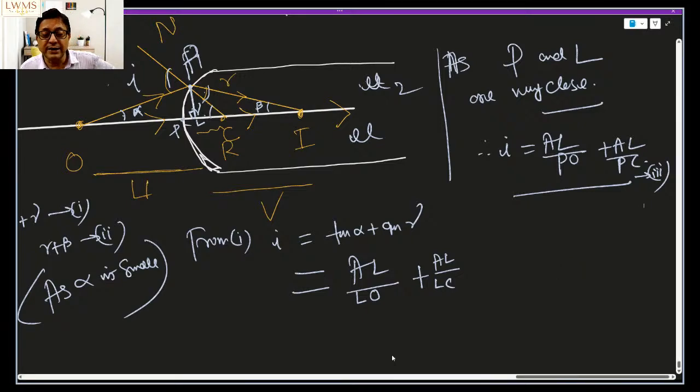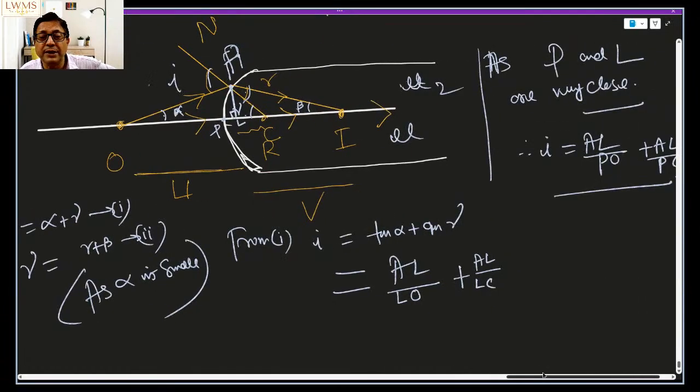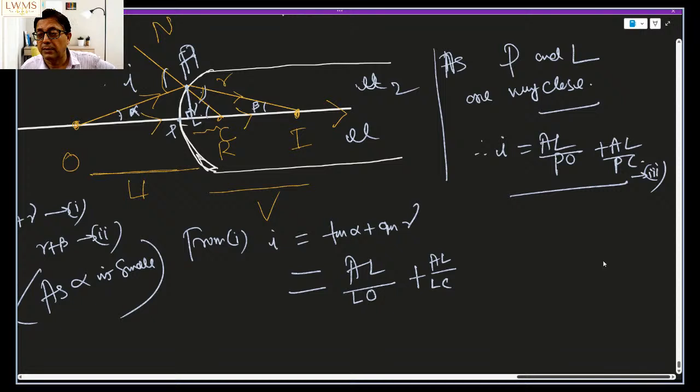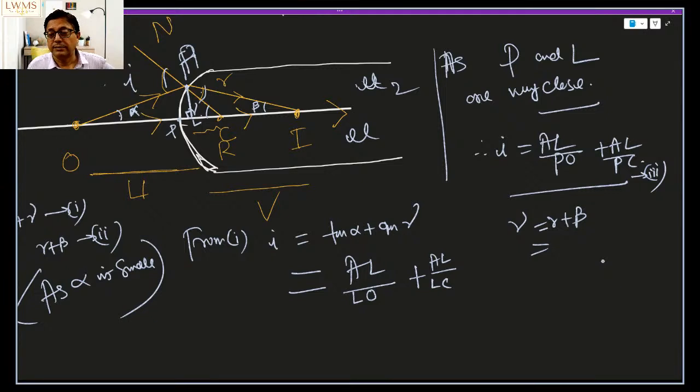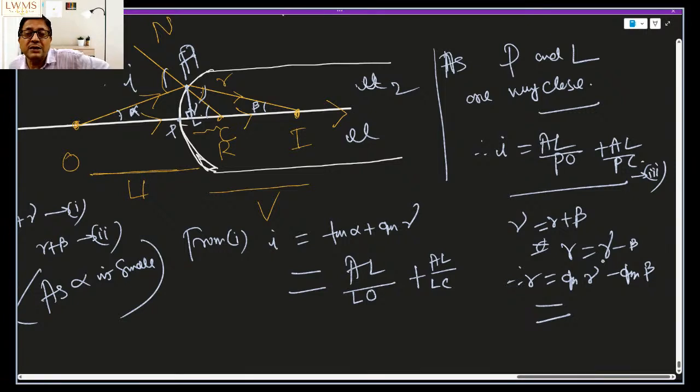Then what about the second relation? That I have also written: gamma equals R plus beta. So R equals gamma minus beta, that is, tan gamma minus tan beta.